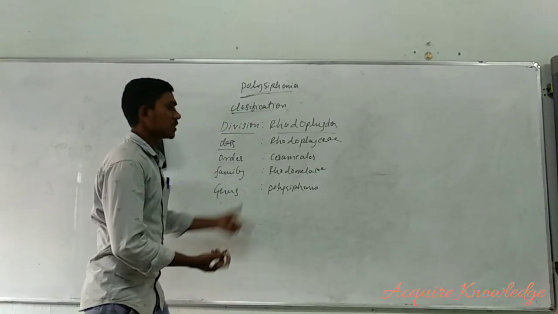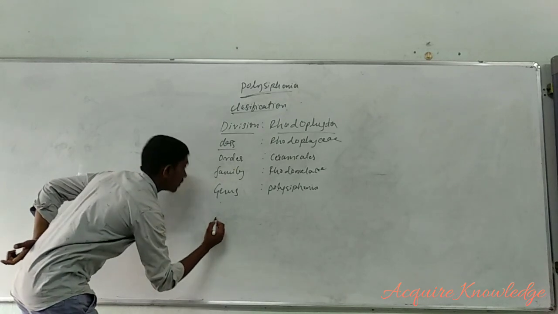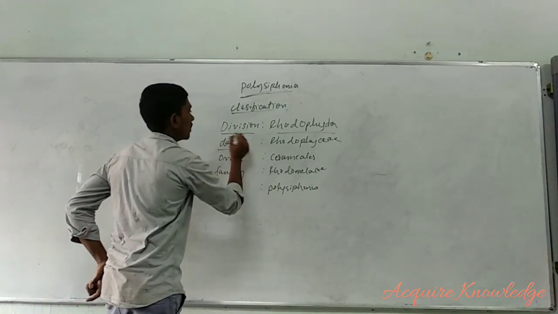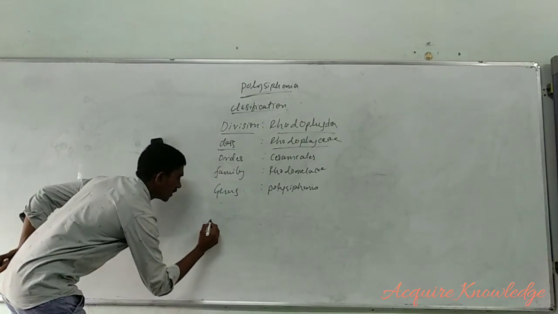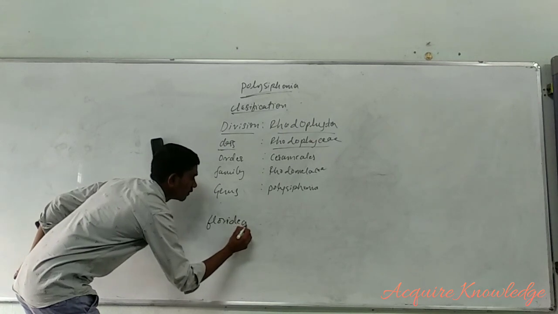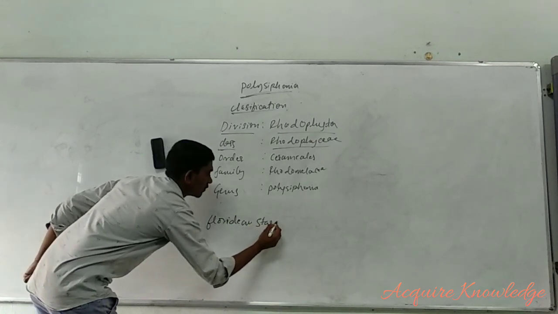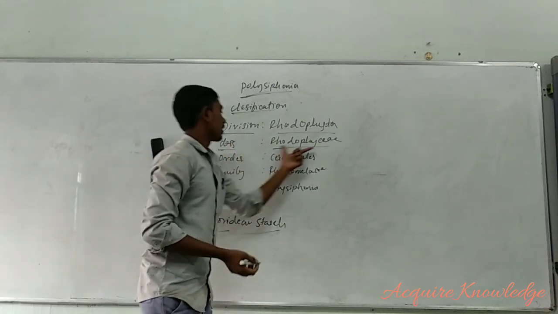Then the reserve food material seen in Polysiphonia, which belongs to the class Rhodophyceae, is floridean starch. Floridean starch is the reserve food material seen in this class.